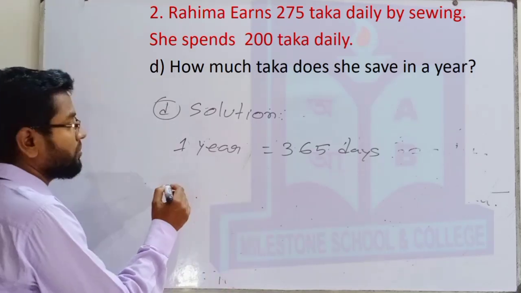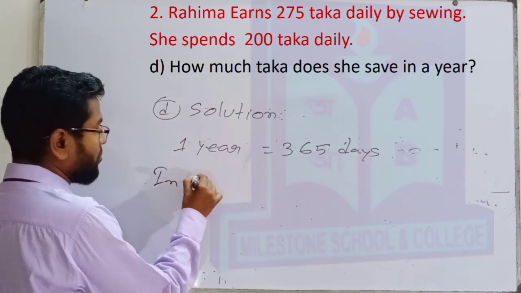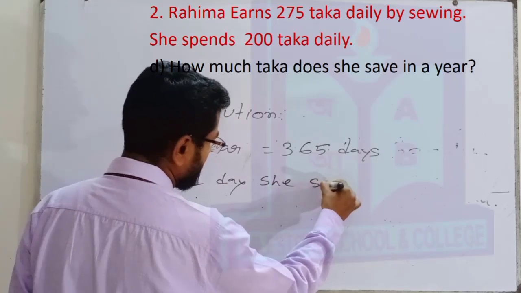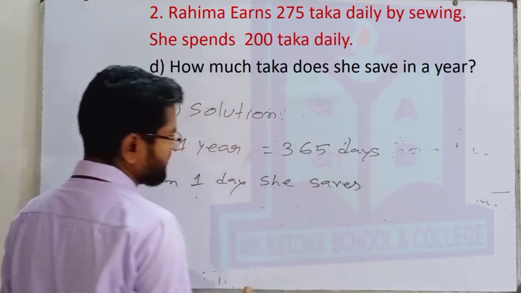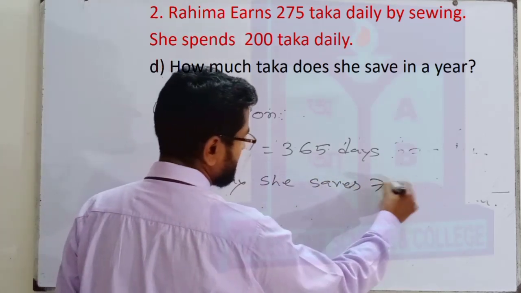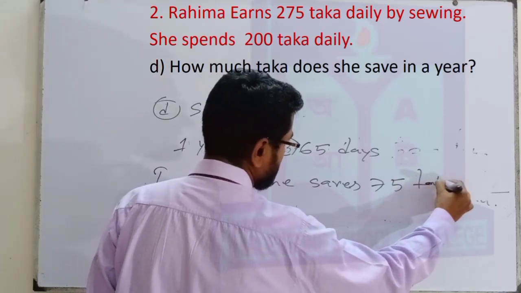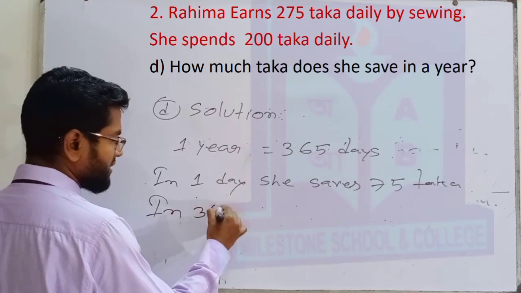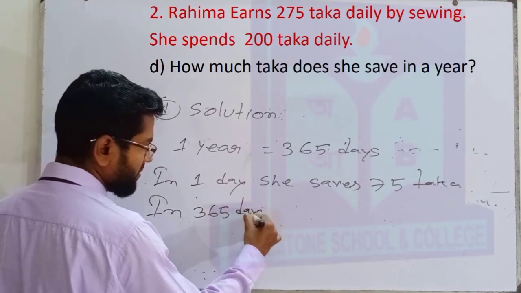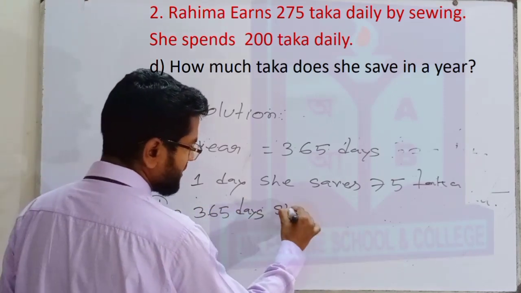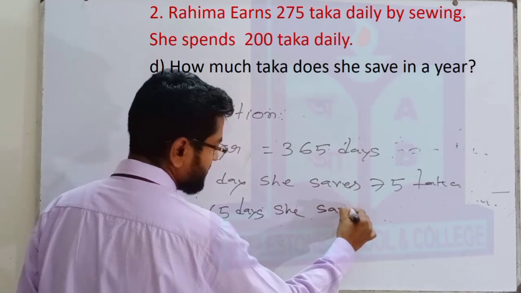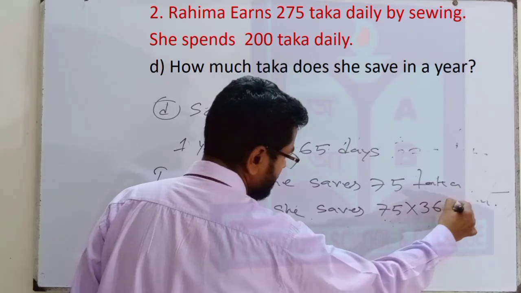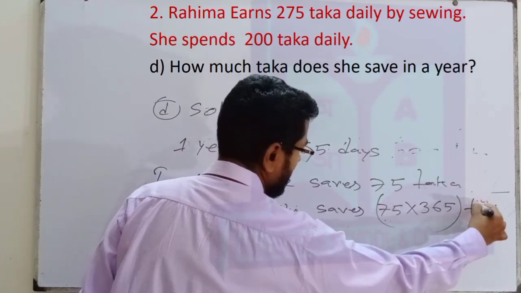So what should we do? In 1 day, she saves how much taka? 75 taka. Now we will write: in 365 days, she saves 75 into 365 taka.